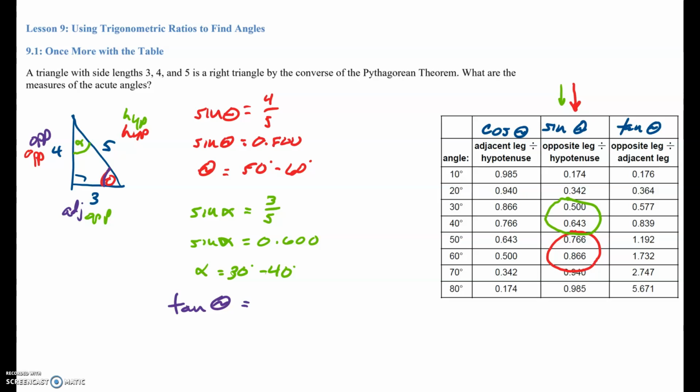Right? If this is my angle theta that I'm talking about, opposite over adjacent, 4 over 3. I'm looking for a tangent ratio that is around 1.33. So I come over here to the opposite and the adjacent column, and I look for 1.33, and notice it's still between 50 and 60 degrees.